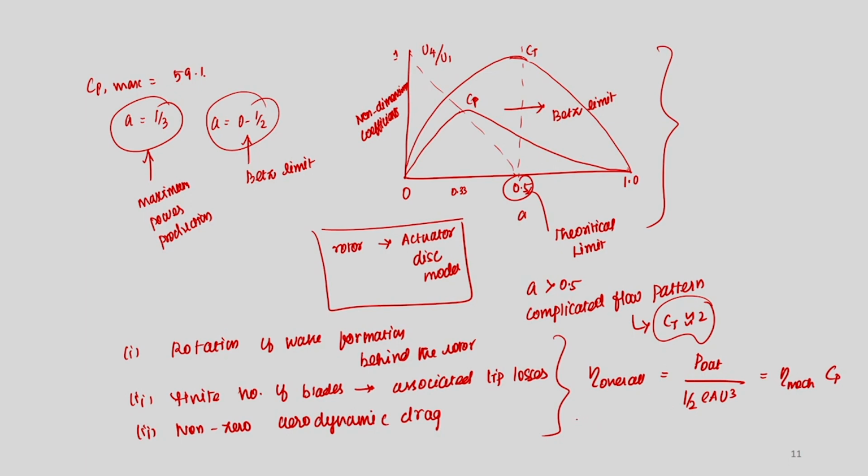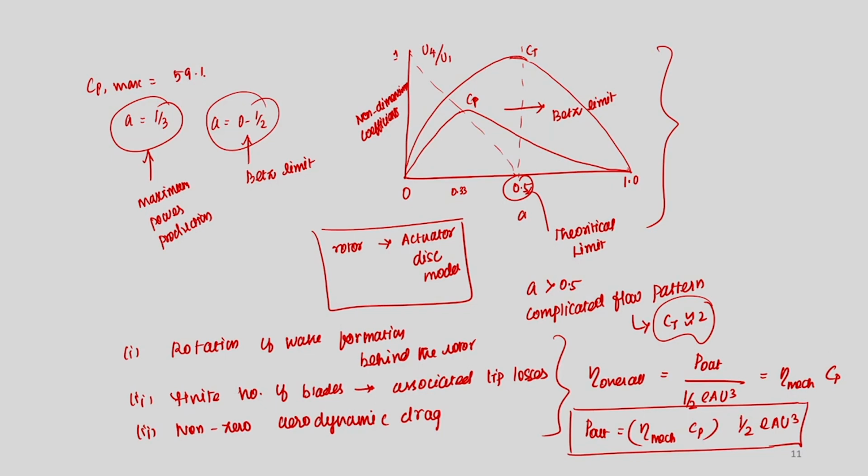So, if you want to calculate power output, that is nothing but the mechanical efficiency of the system and the power coefficient, multiplied by rho A U cubed. This is the way you calculate output power, or if you are given output power, then this is the way you calculate overall efficiency using power coefficient, when mechanical efficiency is given, right.